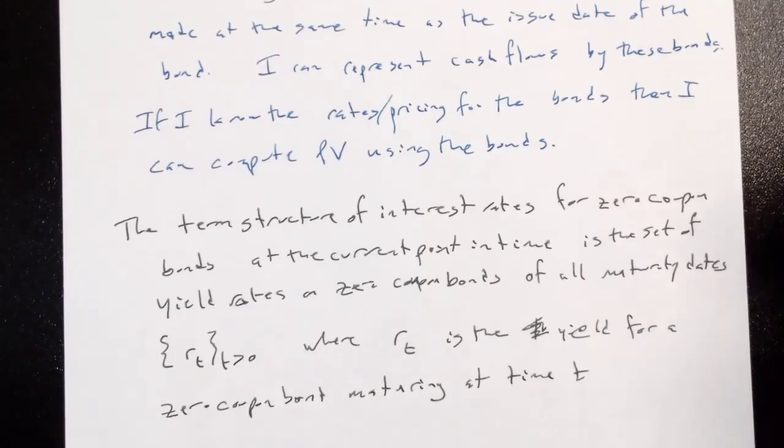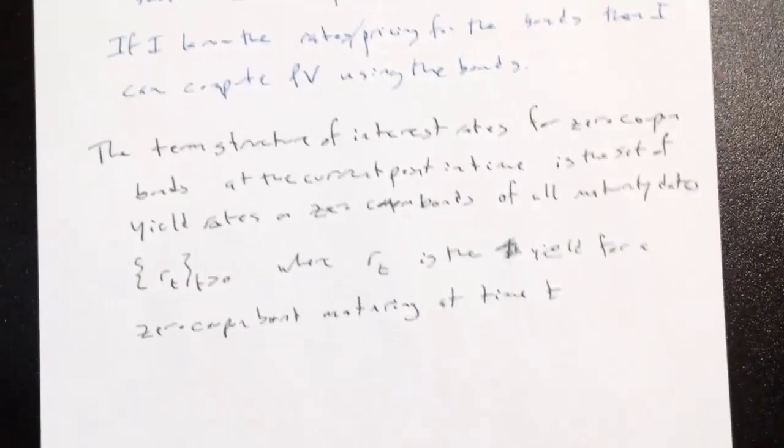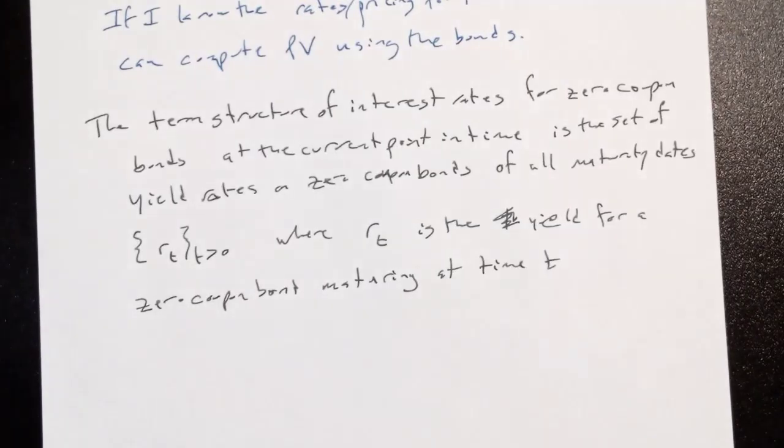If I have this term structure, I can make a picture. That'll be our zero coupon bond yield curve.